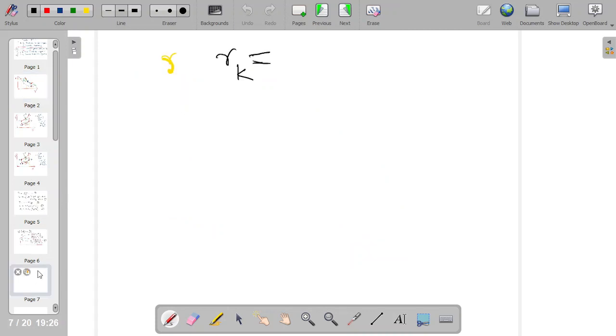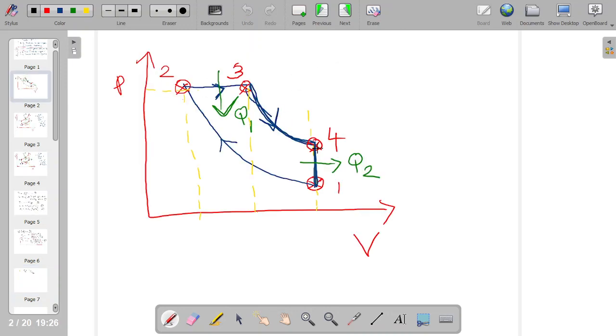So the combustion ratio is V1 by V2. That is the same as in the Otto cycle, but here remember it is not equal to V4 by V3. In the Otto cycle V1 by V2 was equal to V4 by V3, but here V2 and V3 are different, hence they are not equal. So the combustion ratio is only V1 by V2.